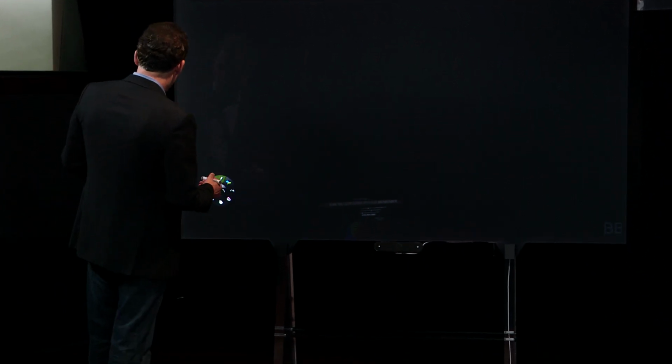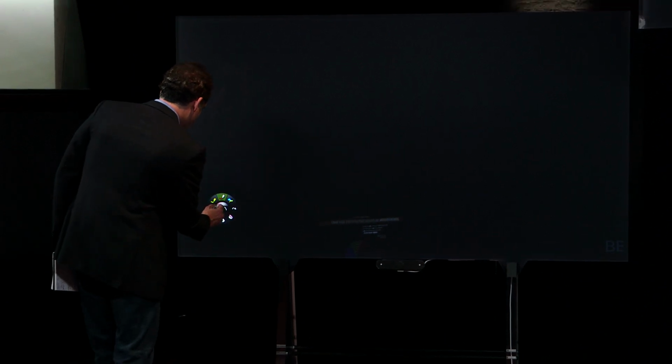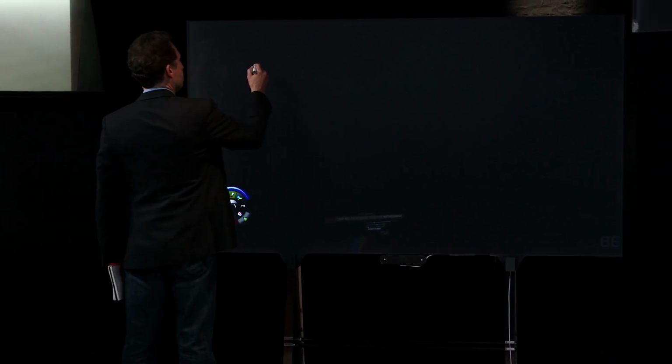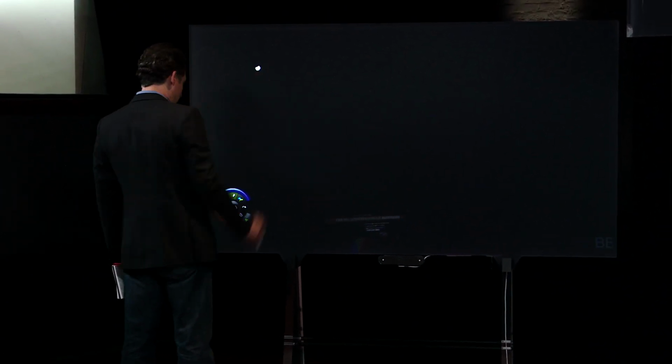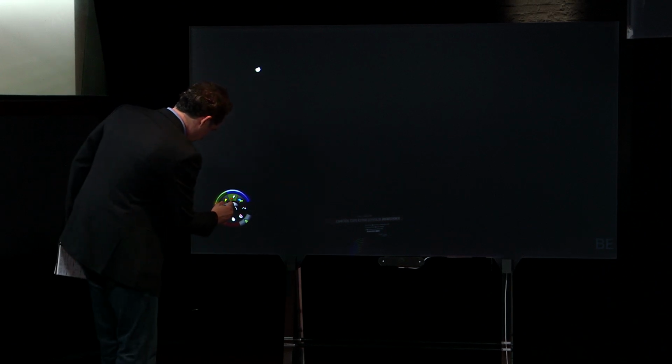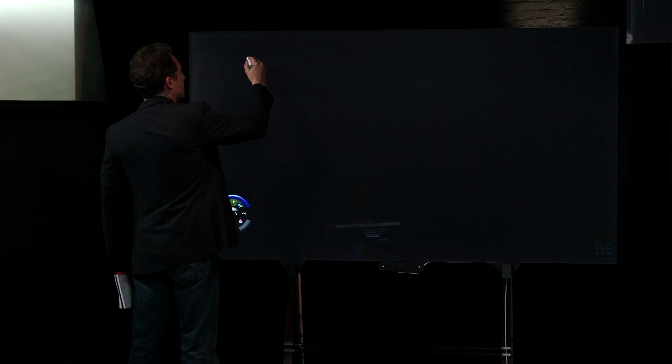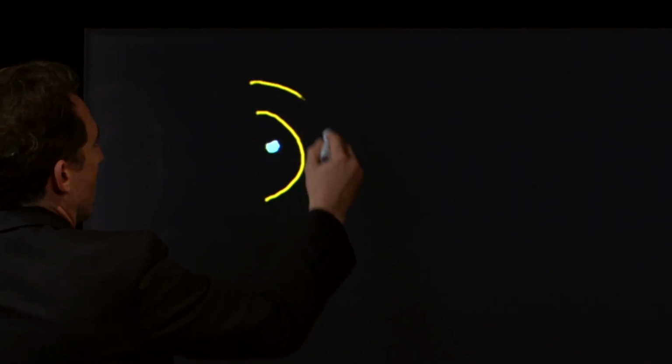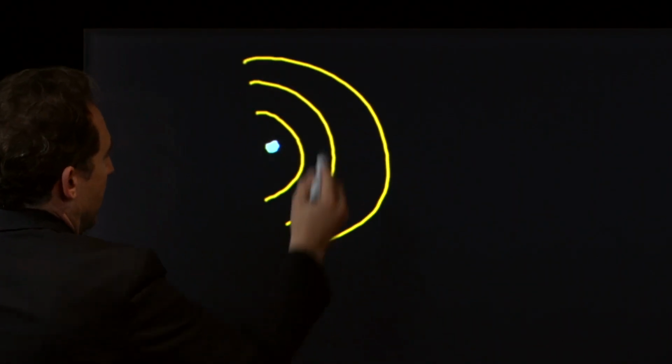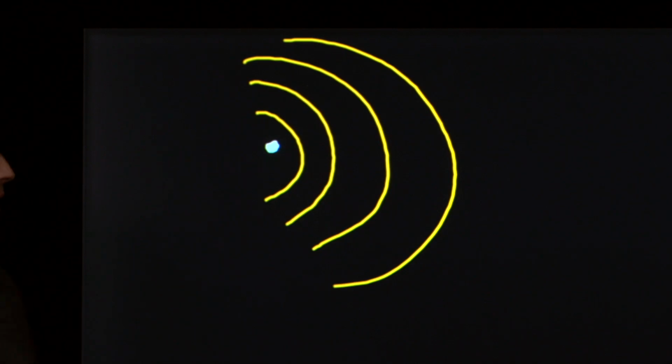Alrighty, so let's imagine that we have a source over here, and that source is sending out some light waves. So let's draw a few of those. So the light waves are all emanating from the source, something like that.